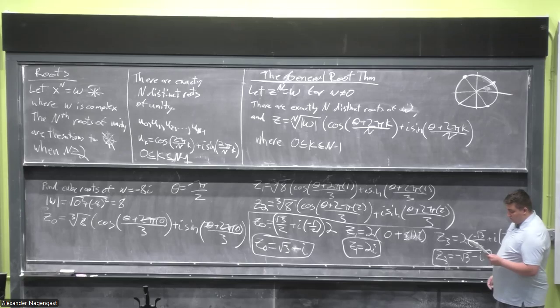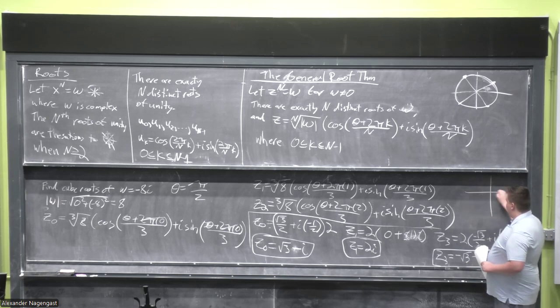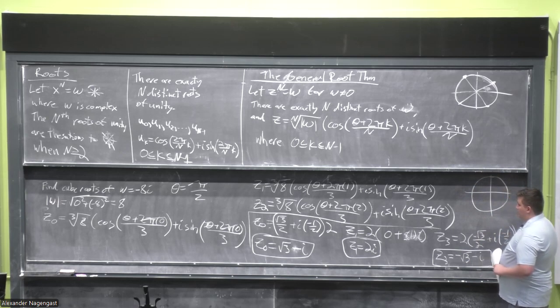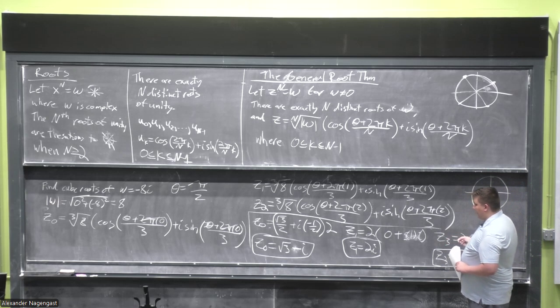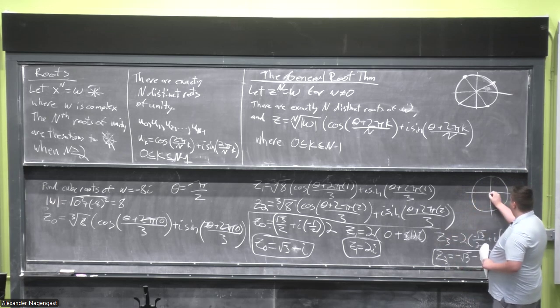So again, what we're doing with this is we essentially have a radius, and when we started with the theta, we started at a particular point. So we started in this case at square root 3 minus I. So that would be somewhere about here.